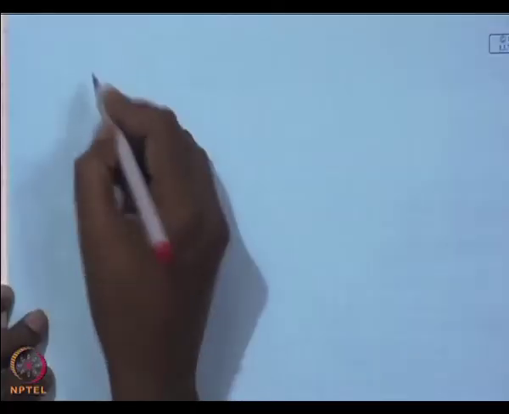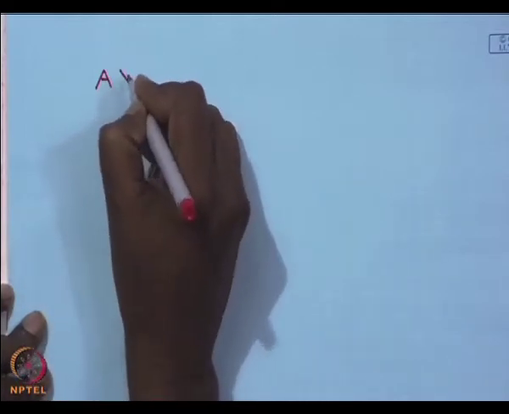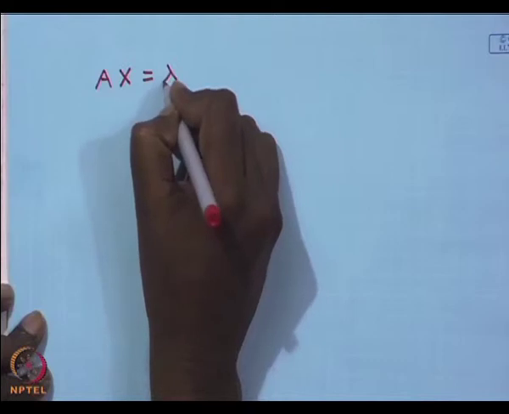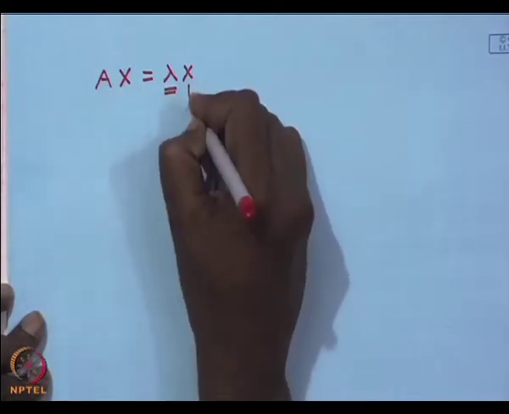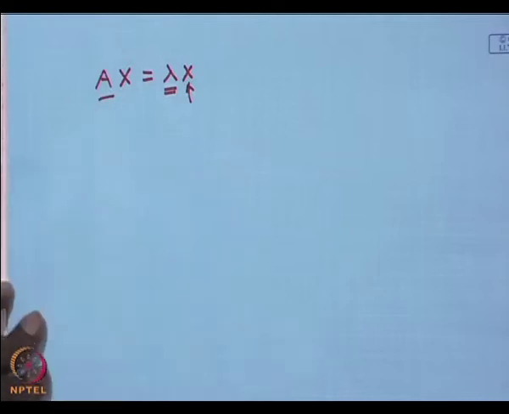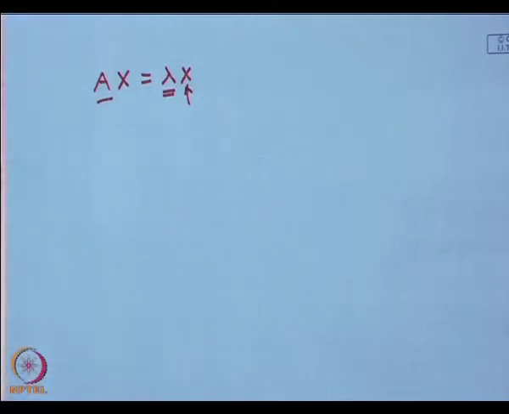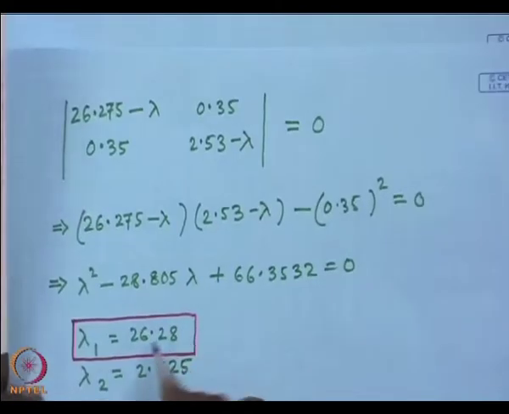And you also know the eigenvalue equation, which simply says that if A is my matrix, and suppose x is the eigenvector, then A x has to be equal to lambda x, where lambda is the eigenvalue and x is the eigenvector of matrix A. So, following the same, here we can find the eigenvector corresponding to this maximum eigenvalue lambda, which is equal to 26.28.